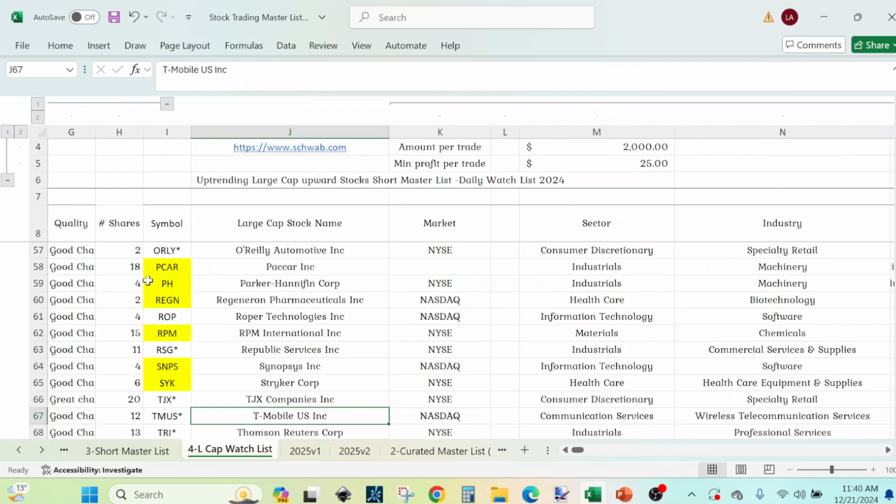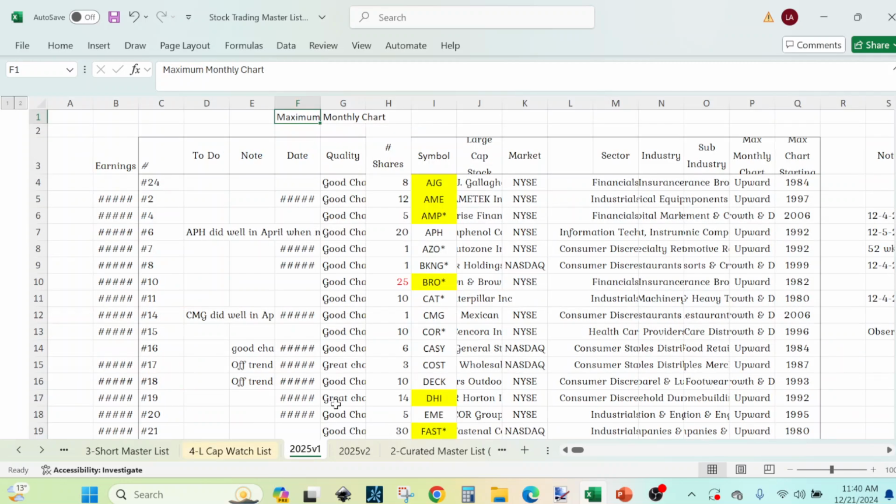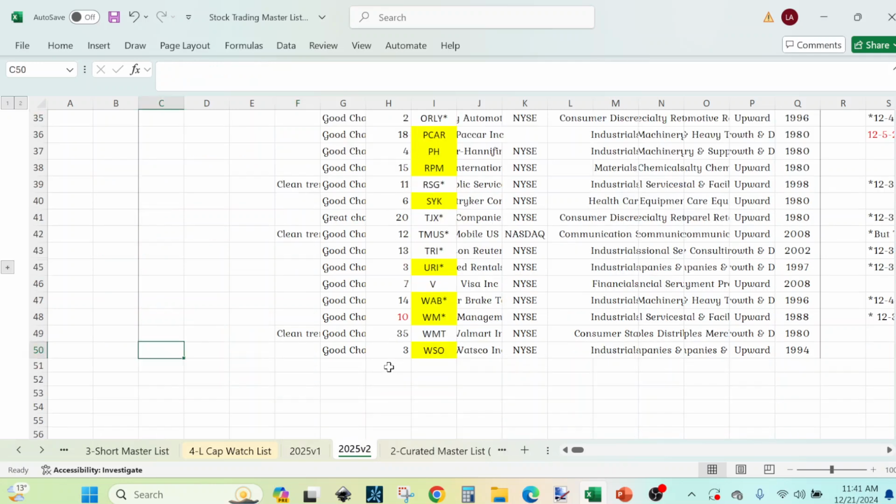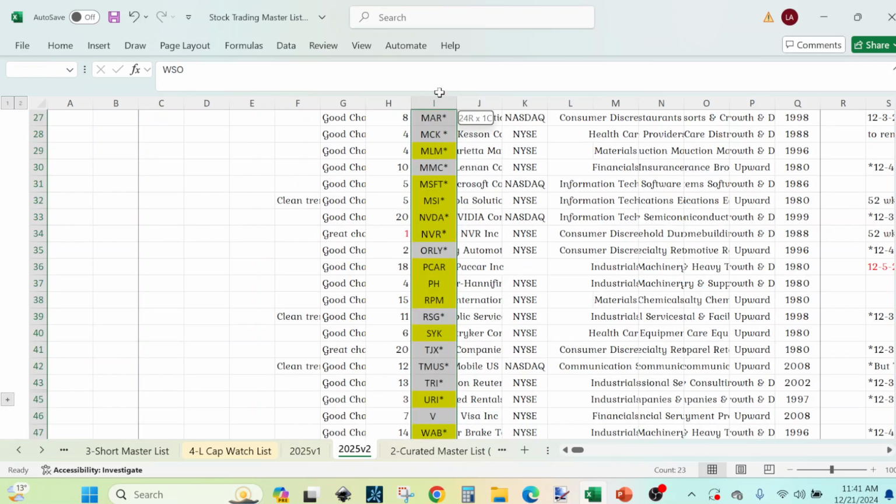To see which stocks we are going to keep, we put them through that same process, the maximum monthly chart to eliminate a few, then the 1 year daily chart to eliminate some, and we narrowed it down to 45, from 66 to 45.